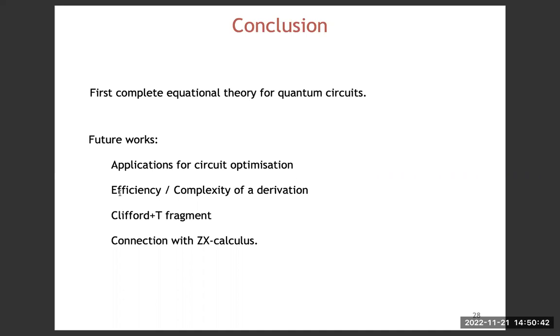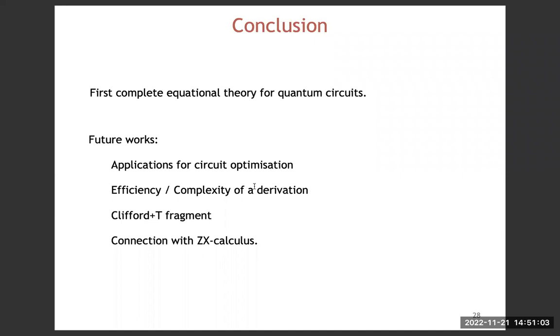If we look at the efficiency, the complexity of a derivation, here it turns out that there are some cases where the derivation from one circuit to the other cannot be done in a polynomial number of steps.